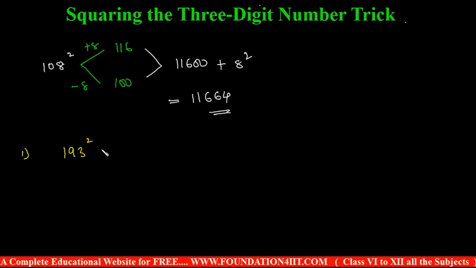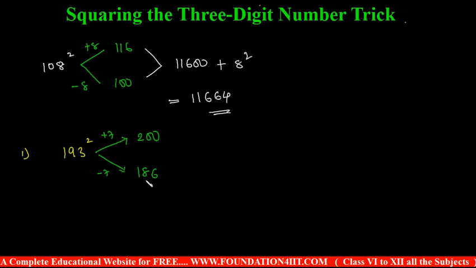Multiplication with 200 is easier than with 190, so we take plus or minus 7. 193 plus 7 is 200, and minus 7 is 186.